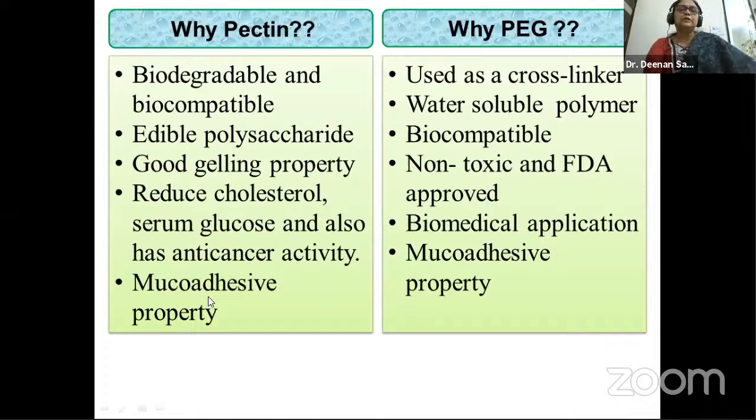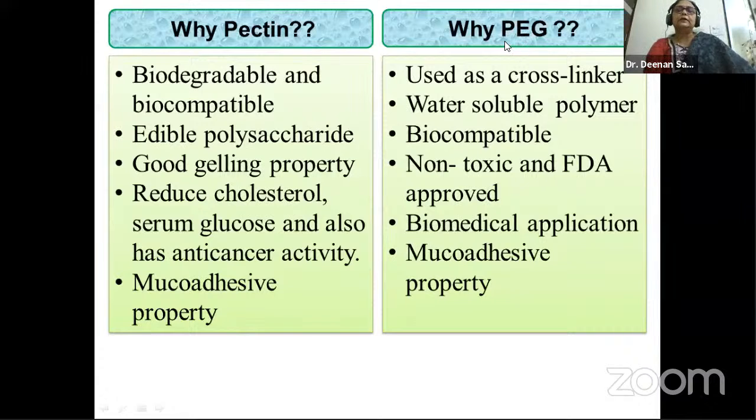Pectin is a biodegradable and biocompatible material. It's an edible polysaccharide, and more importantly, it has a good gelling property. It reduces cholesterol and serum glucose, and also has anti-cancer activity. The most important property is its mucoadhesive property. Again, PEG is small, around 300 molecular weight.